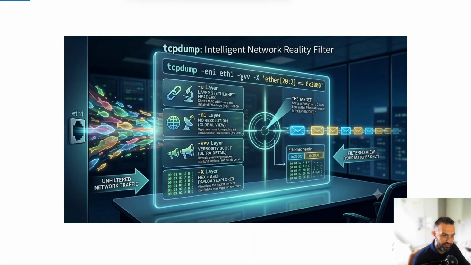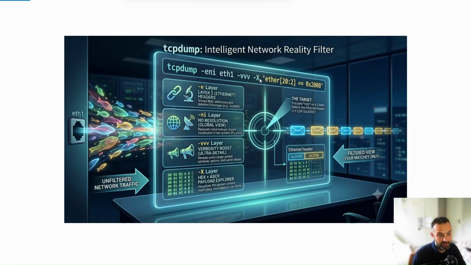The -vvv means maximum verbosity, telling tcpdump to decode and display as much information as possible. The -X displays both hexadecimal and ASCII representations of the packet contents, which is extremely useful when analyzing CDP data.